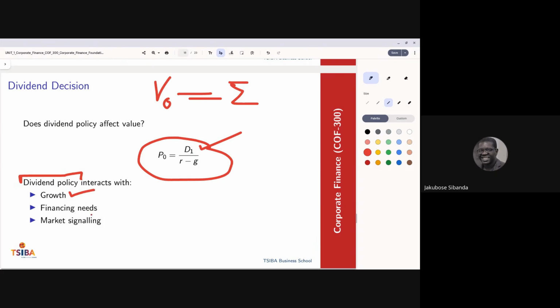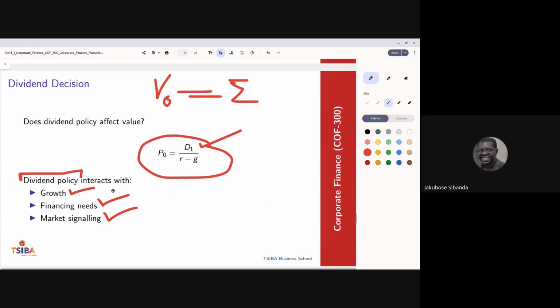Does it say there's going to be growth? Does it show that the company is in need of finances? What does it signal to the market? Sometimes it signals that this company has very good cash flows when you are paying your debts. Or if you're not able to pay them, it means this company is facing a risk of liquidation. So you just need to be aware of that.